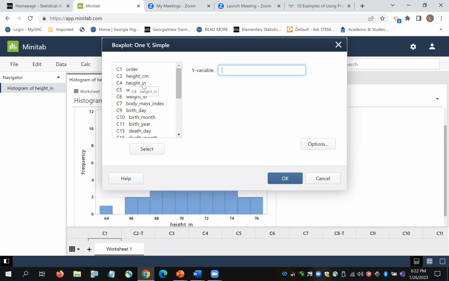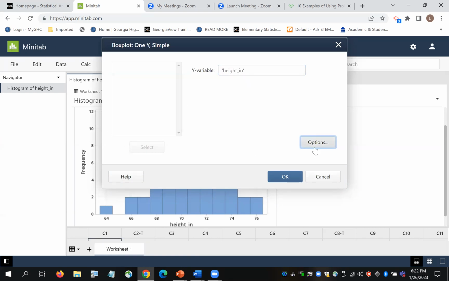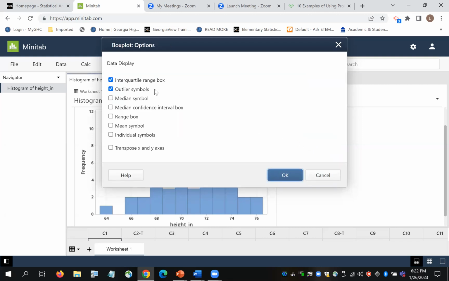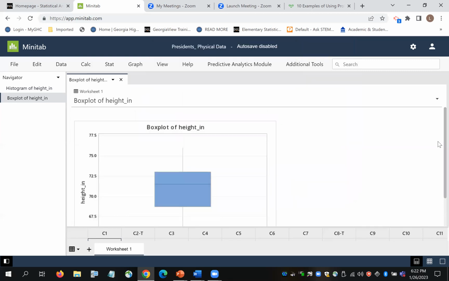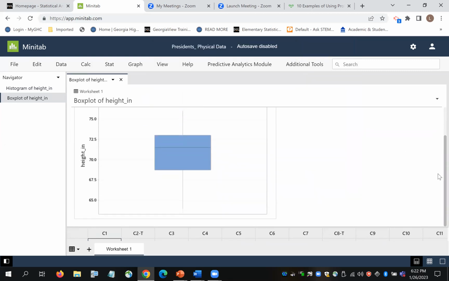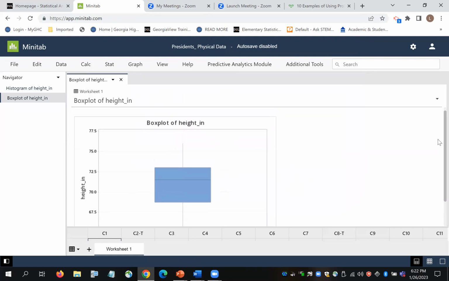Then again, I choose my variable, height in inches. I'm going to choose options. I don't need anything there except for the default. And then I click OK. And I get this picture.